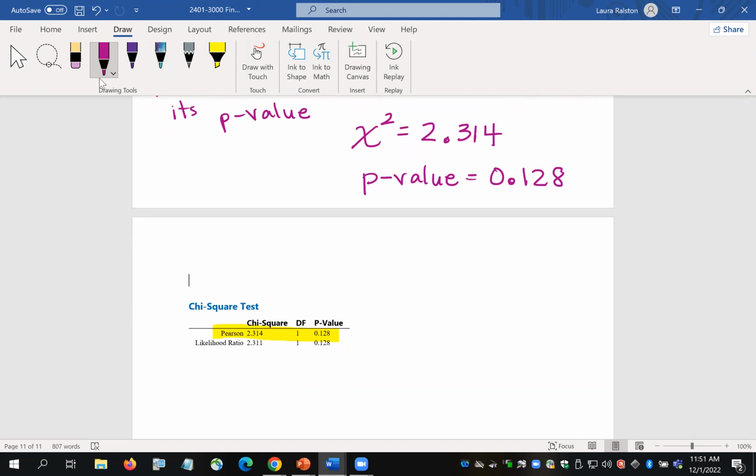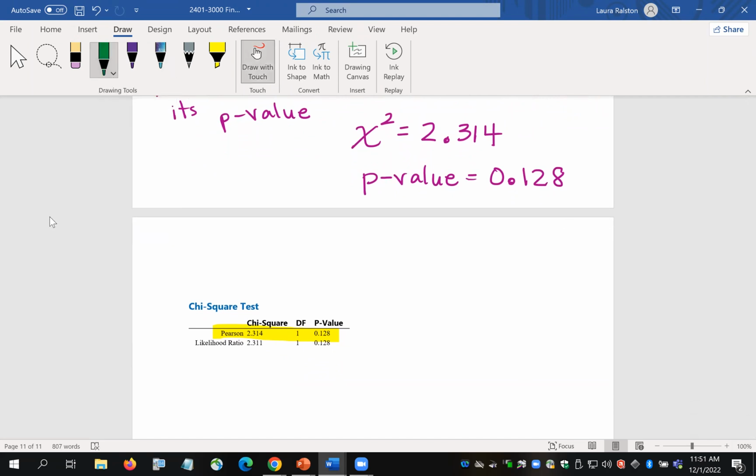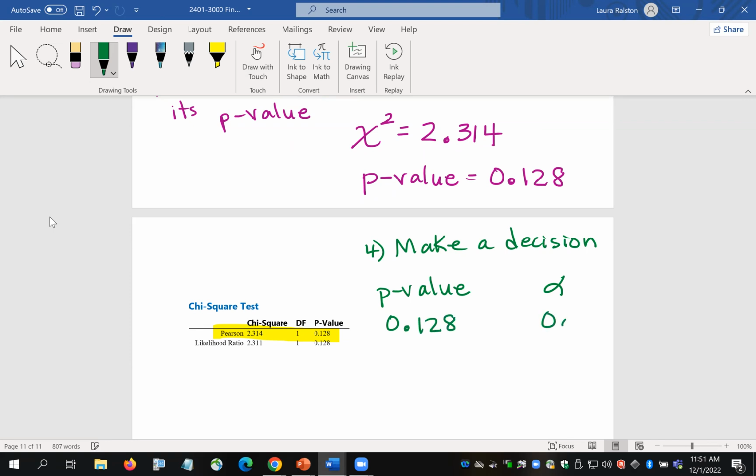As always, then we have to make a decision. We make a decision by comparing the p-value to the level of significance. The p-value from Minitab is 0.128. My level of significance is 0.05 or 5%.